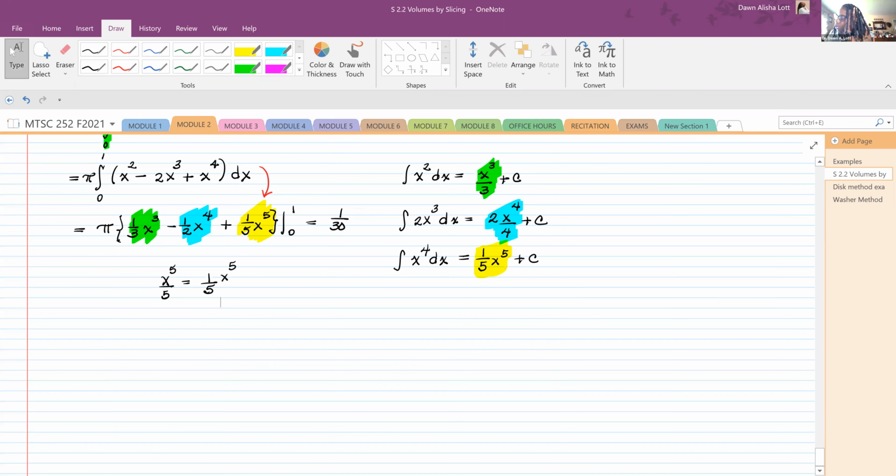So this became pi times 1/3 times 1 cubed, which is 1, minus 1/2 times 1 to the 4th, which is 1, plus 1/5 times 1 to the 5th, which is 1, minus 1/3 times 0 cubed, minus 1/2 times 0 to the 4th power, plus 1/5 times 0 to the 5th. And so everything evaluated at 0 is gone.